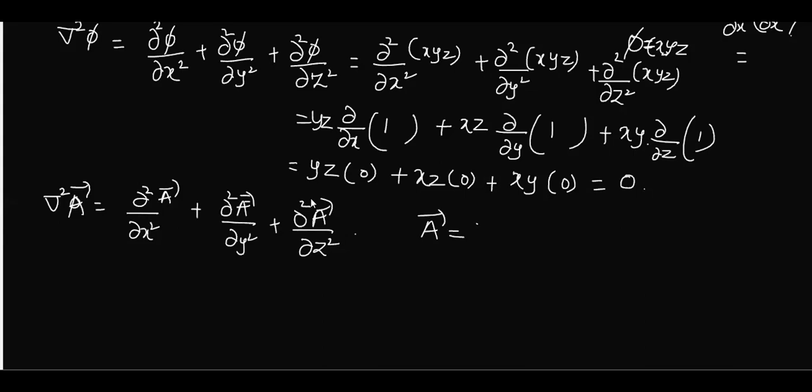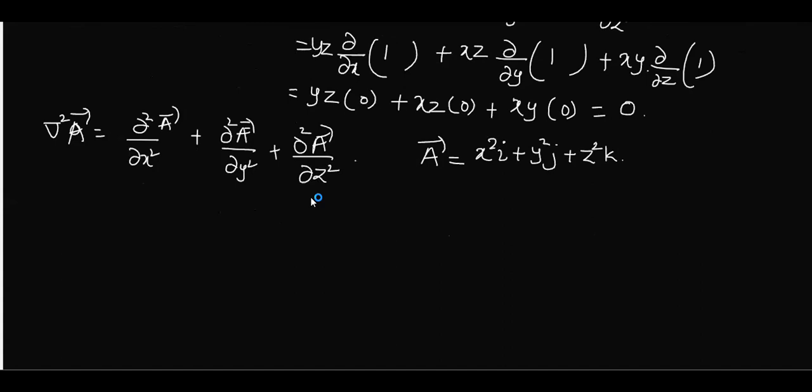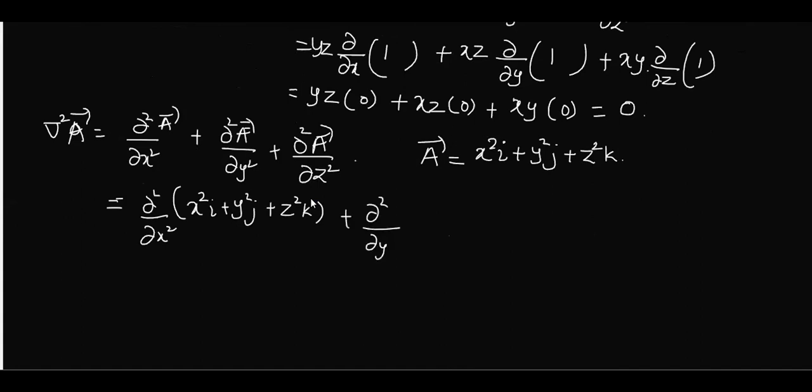Just check. x square i plus y square j plus z square k. Let us put this value of a here. So this is now dou square by dou x square operating on x square i plus y square j plus z square k. Similarly, with respect to y twice.